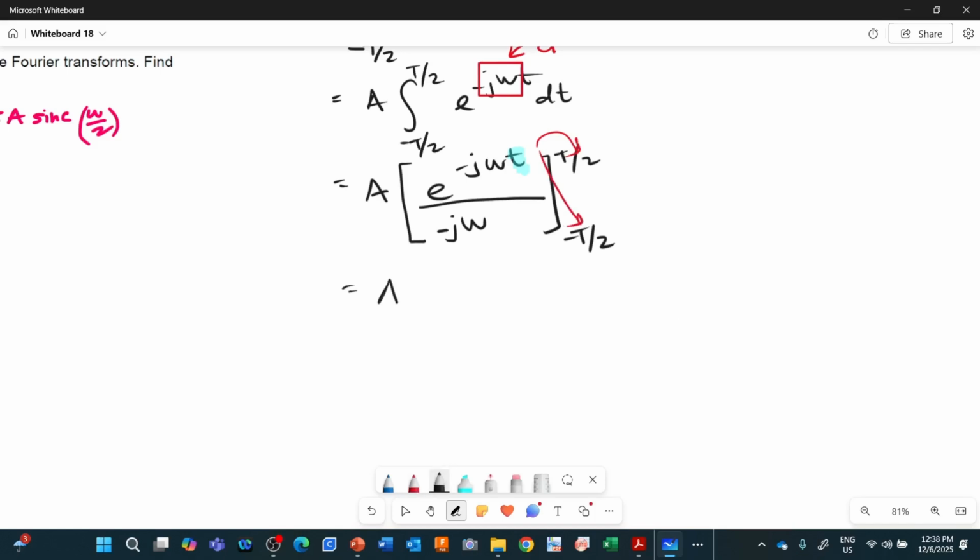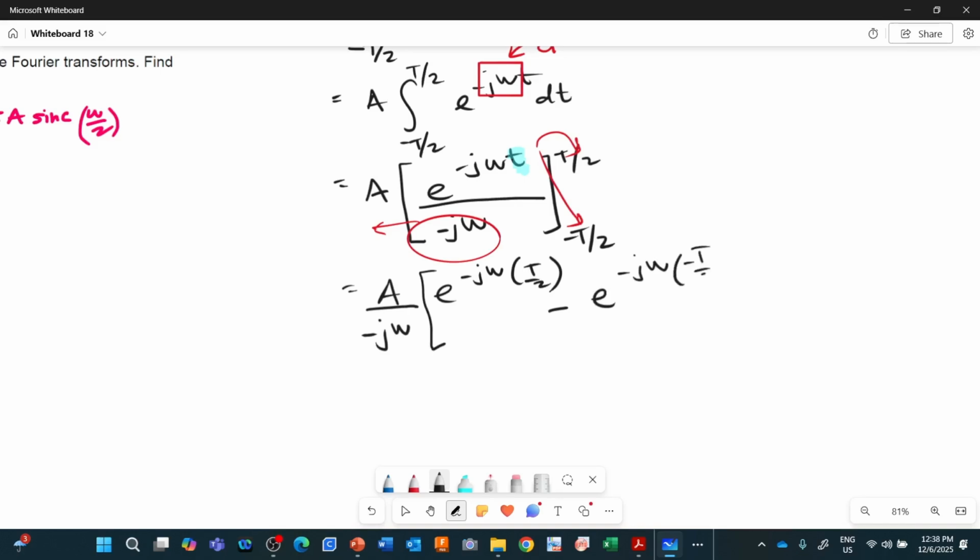So you get A over minus j omega, in square brackets, e to the minus j omega tau over 2 minus e to the minus j omega times minus tau over 2.